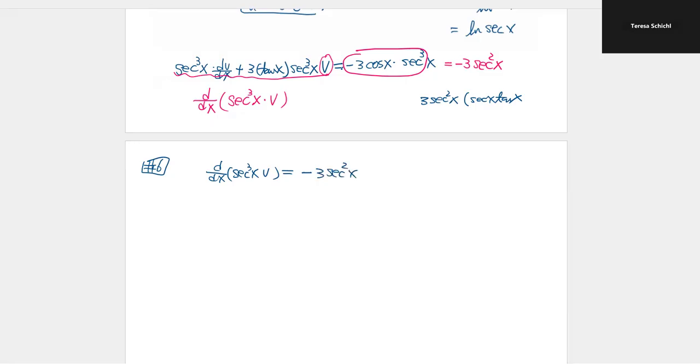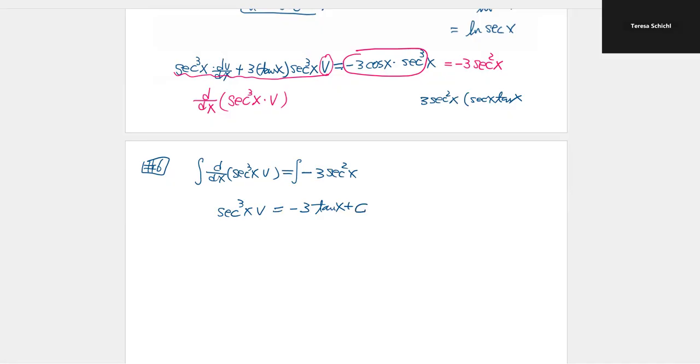Now I will integrate both sides. The left hand side will give me secant cube x v. The right hand side will give me negative 3 times the integral of secant square, which will be tan x, so it will be tan x plus c.